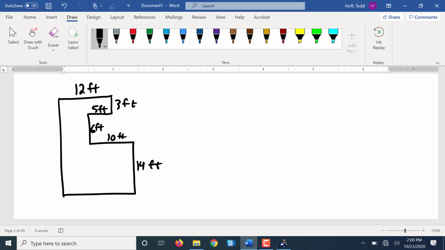For something like this, it's probably easier to cut it into small pieces and add those areas together.